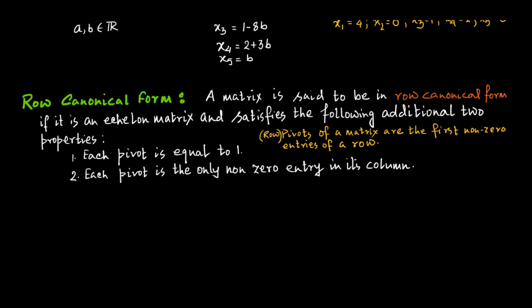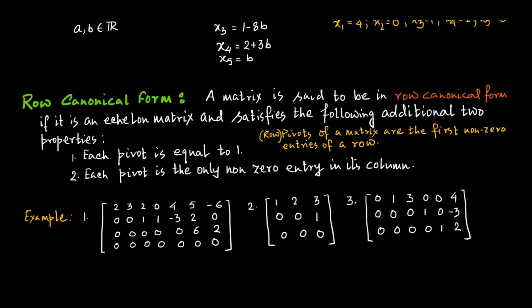For examples of row canonical matrices, let us consider the three matrices given, one by one. Let us consider the first matrix. Here, the pivots are this element for the first row, this element for the second row, and this element for the third row. And the fourth row is a 0 row.